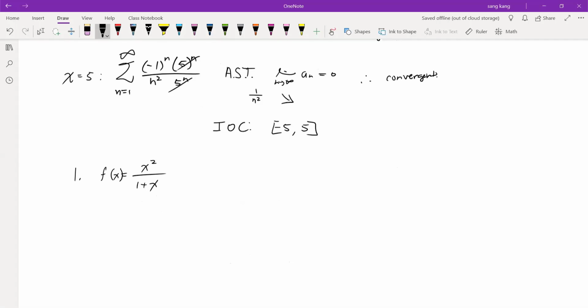So now we need to find the Maclaurin series and the radius of convergence, R, right? So Maclaurin series, again, this just means when it's centered about 0, or when a equals 0.